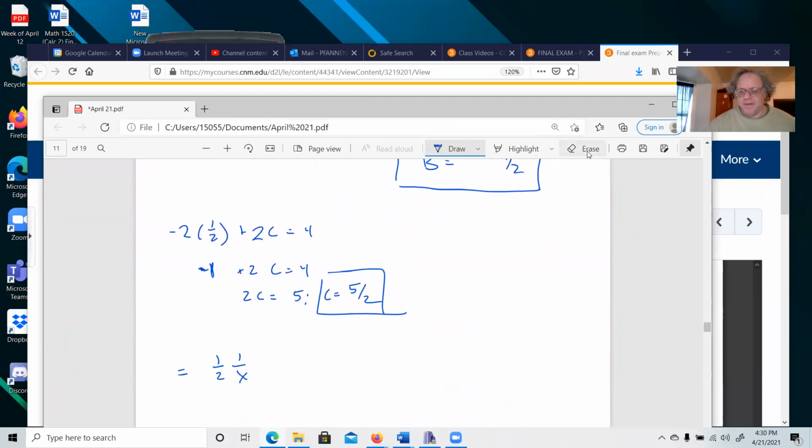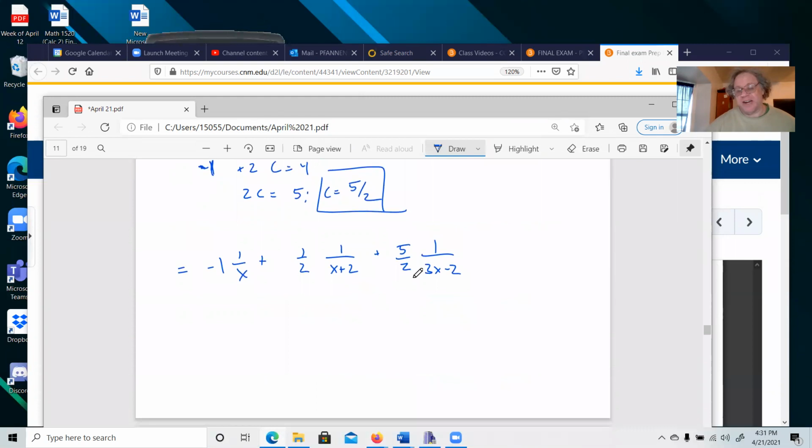So we change that. Negative 1, you don't need to put the 1. Plus, but what was b? B was a half, and this was 1 over x plus 2, and then plus 5 halves over 3x minus 2. Okay. I like to write it this way because I like to put the coefficients out in front, but it means the same thing.